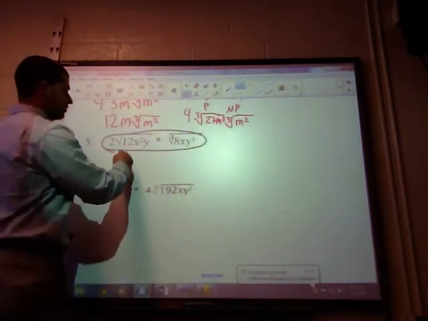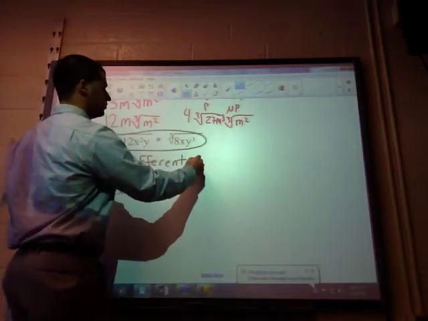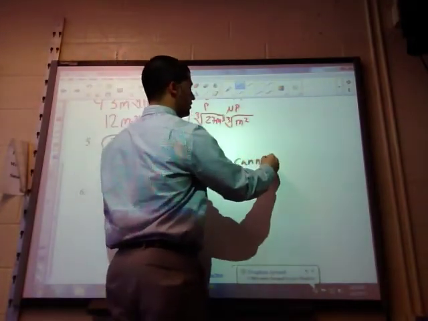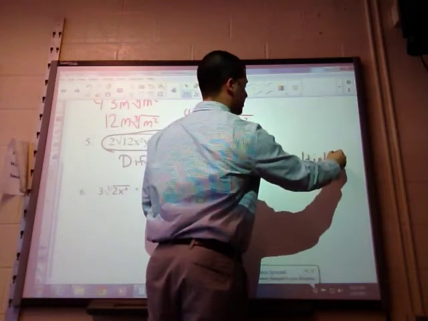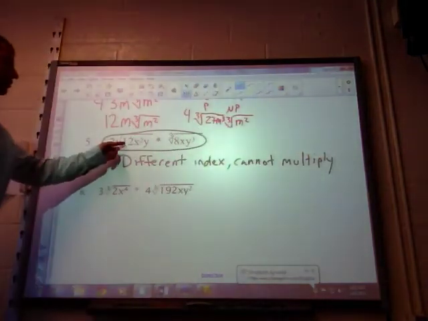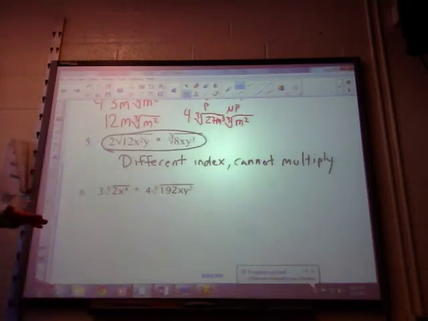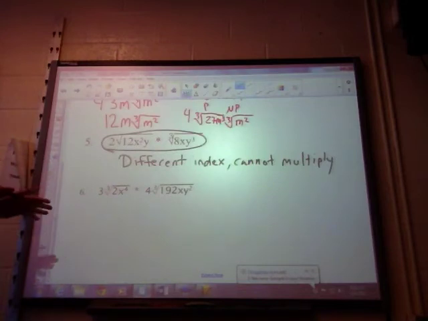So these different indexes cannot multiply, because they work by 2 different rules. This one's asking you to use the square root rules, this one's asking you to use the cube root rules. You have to leave them alone. So you'll see the index here, that's a cube root, nothing there implies a square root. If they're different, you can't multiply them.